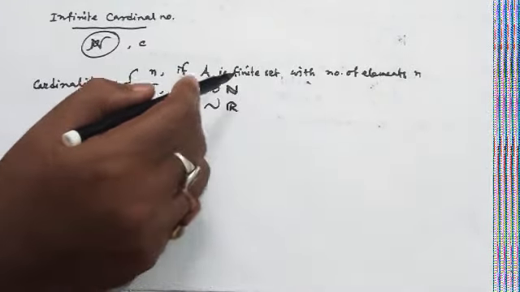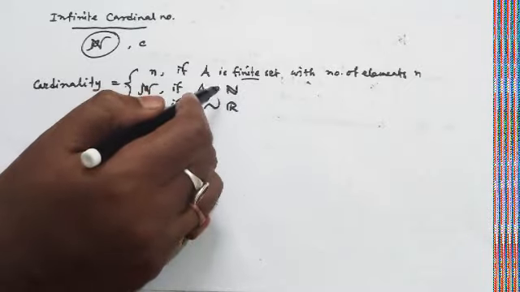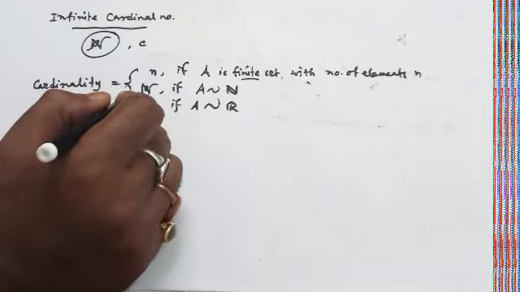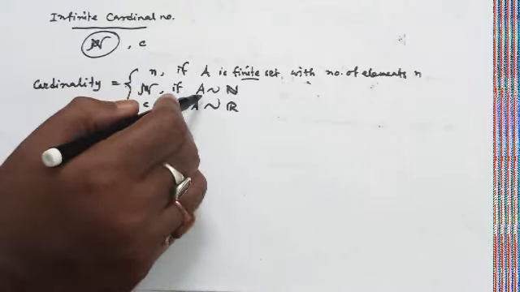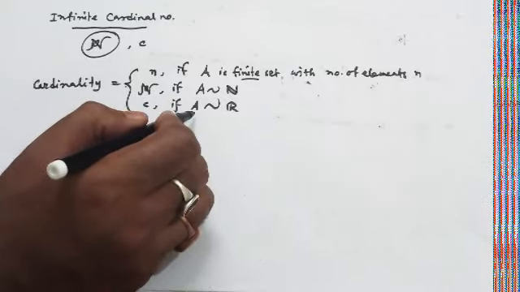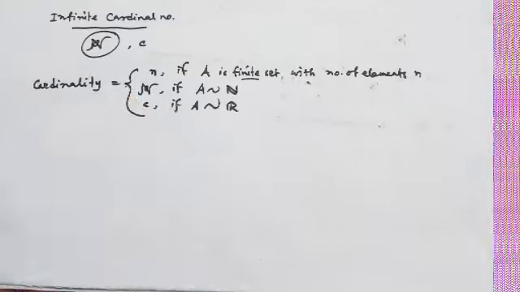Okay, if A is not finite but A is countable, in that scenario you have aleph naught as the cardinality of A. And if A is equivalent with R, meaning A is an uncountable set, in that case the cardinality of A is c.